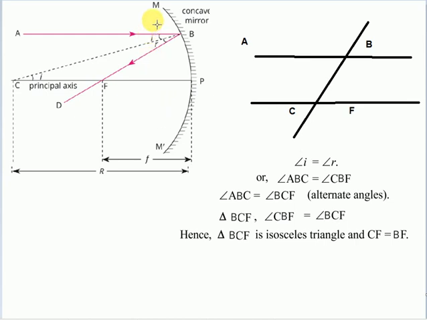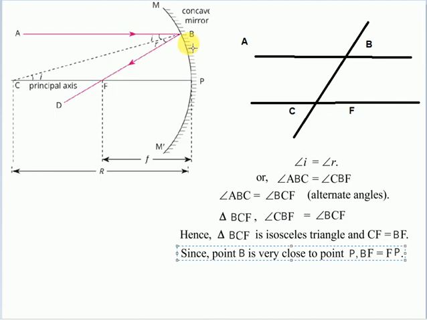Since we have considered aperture to be small, point B is very close to point P, and hence BF is equal to FP.